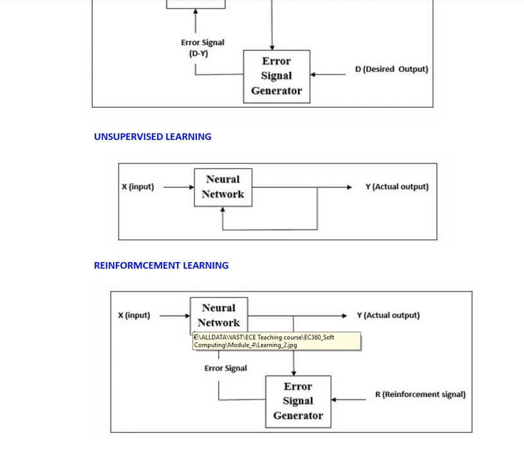So during the training of the network under reinforcement learning, the network always receives some feedback from the output. This makes it similar to supervised learning.